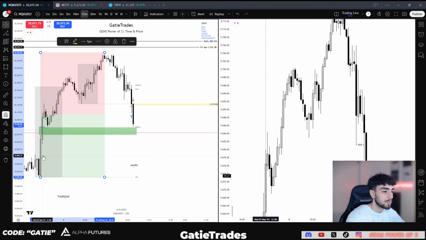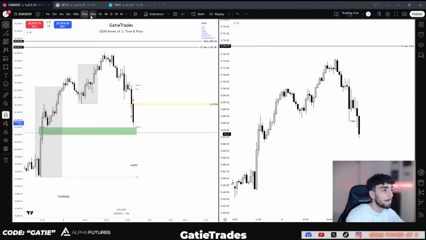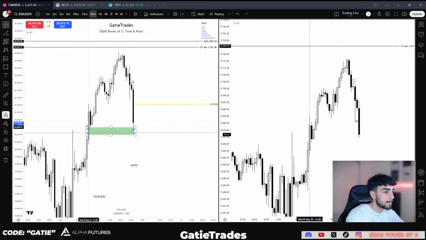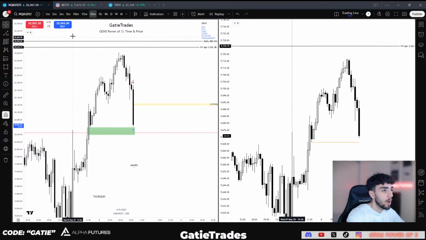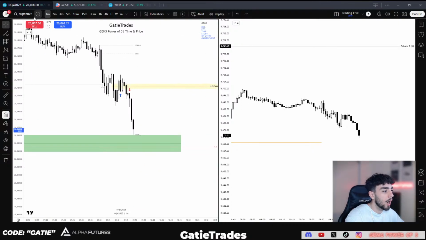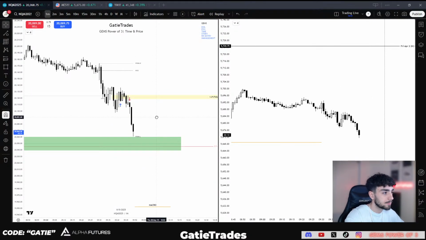Deep discount. I wouldn't want to see this get touched. Pretty bearish open. Yeah, we could have waited for the CISD there, but I'm not mad about that trade. The next candle very well could have sped up.